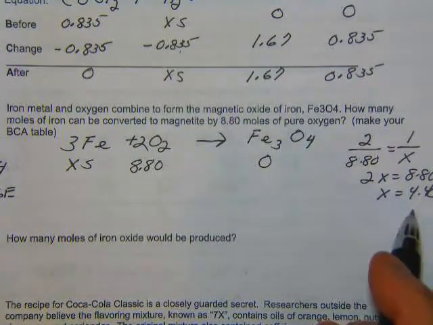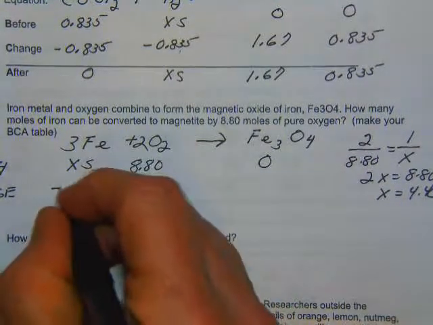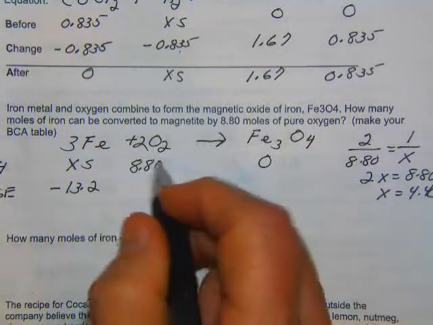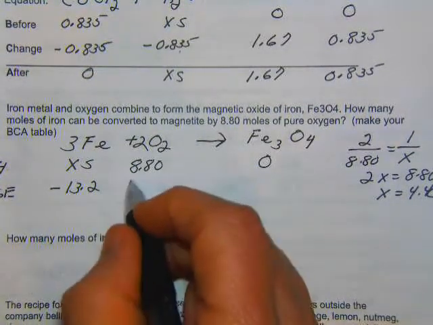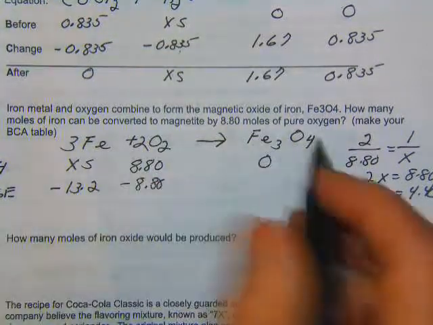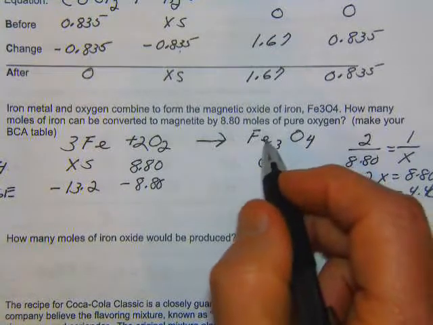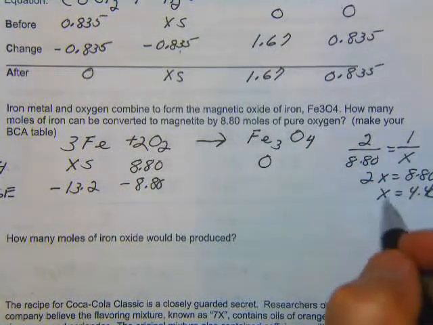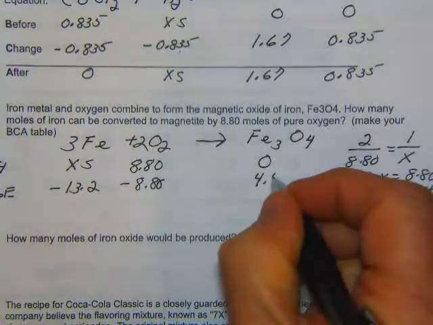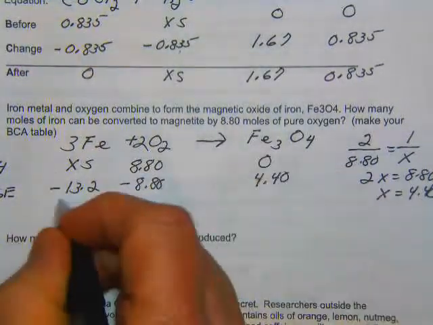So if we do the math, 3 times 4.4 is 13.2. We know we're going to run through all of the oxygen, 8.80. And the coefficient here is 1, so 1 times 4.4 is 4.40.